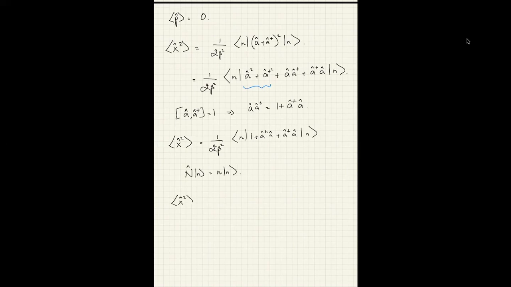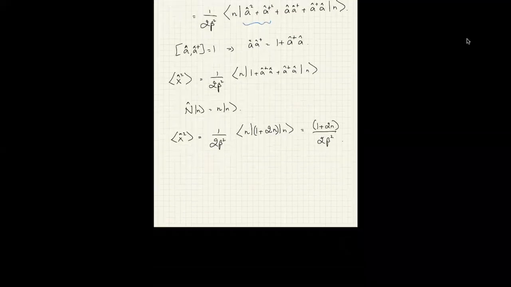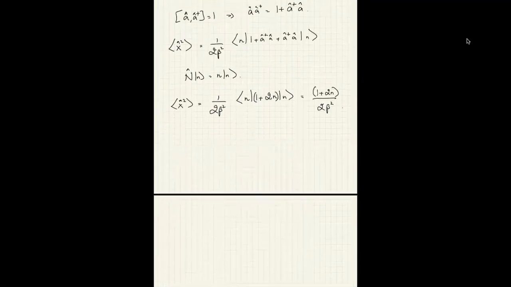So my x square is 1 over 2 beta square n 1 plus 2 n n, which is nothing but 1 plus 2n divided by 2 beta square. Are there any questions about this average value or the expectation value of x square operator?